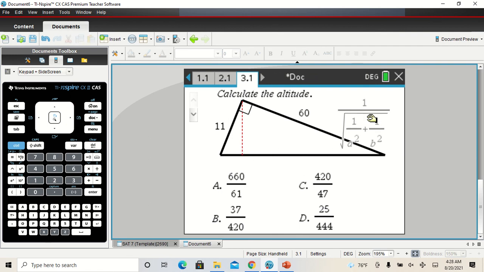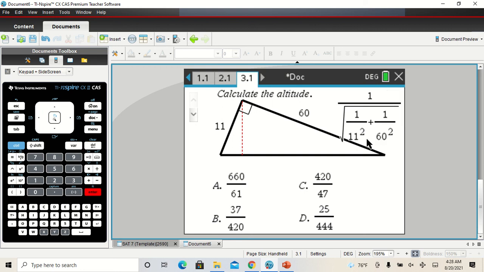And this is what it boils down to. We did it a different way in class, but still the same thing. And what I'm going to do is substitute for A. A is usually the smallest side, so in this case, I'm just going to put 11 for A. And for B, I'm going to put 60.